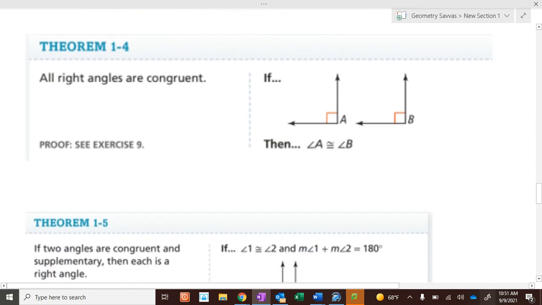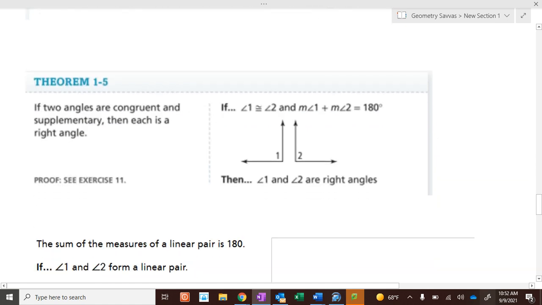Okay, theorem 1-4. If you don't understand this, you're not going to ever understand geometry. All right angles are congruent. All right angles are how many degrees? 90. So if you have two 90-degree angles, what are they going to be? Congruent. They're the same size, they're congruent. Theorem 1-5.